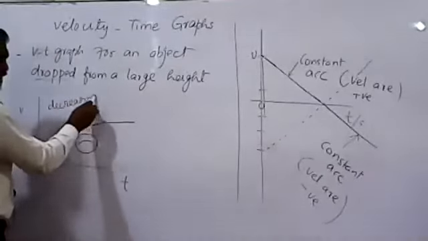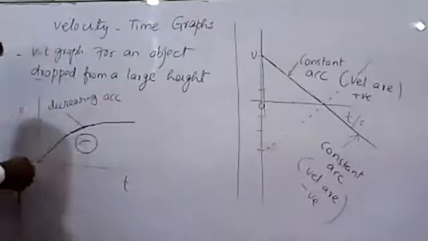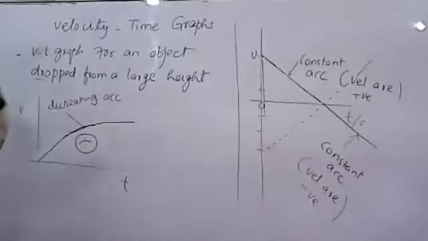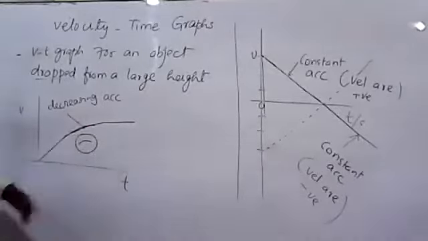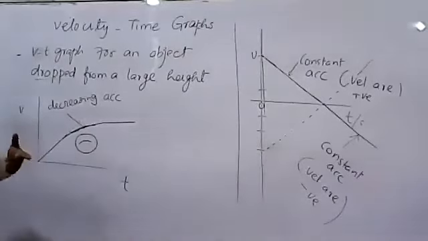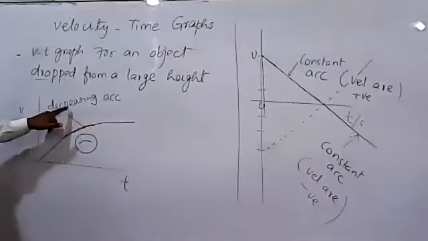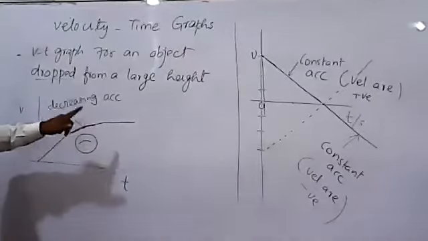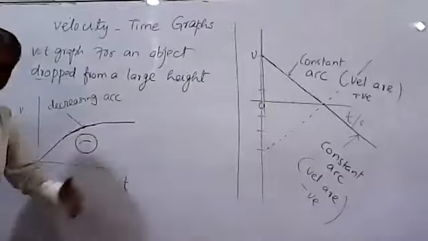Now this is not decreasing speed or velocity, this is decreasing acceleration, which means the object still has acceleration, its speed or velocity is still increasing, but the rate at which it increases is becoming smaller and smaller. The increase in speed is not that large now. So gradually decreasing acceleration means the increase in its speed becomes smaller and smaller.